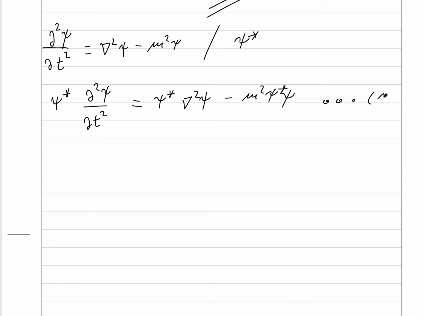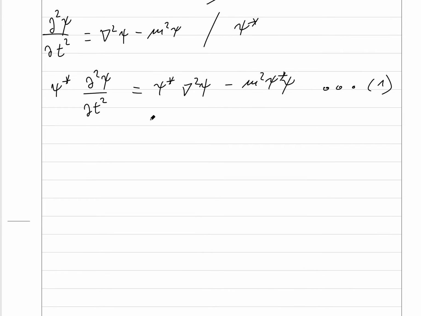So this is the first equation. Now we have to complex conjugate the whole Klein-Gordon equation.